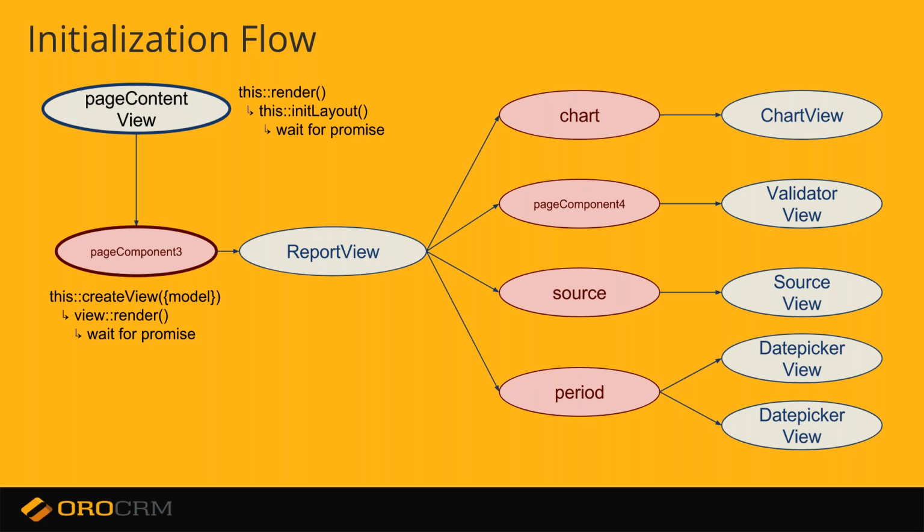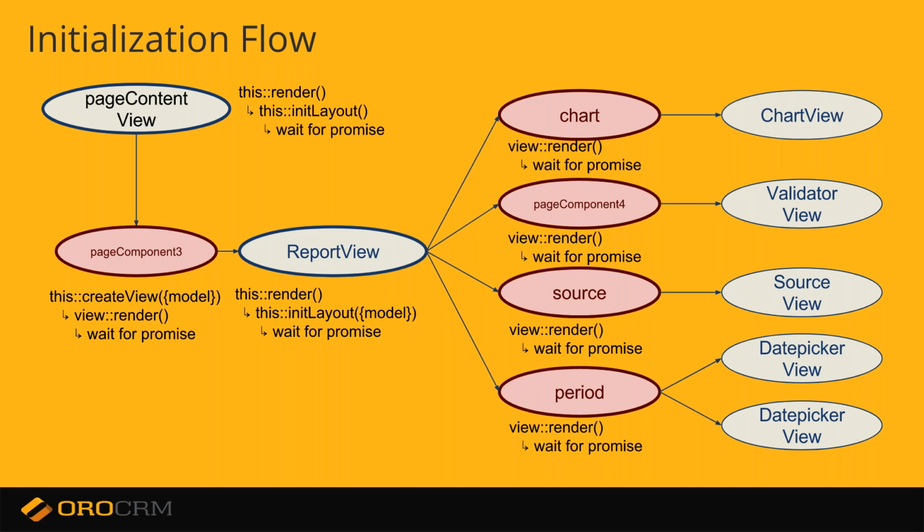The report component will create a model and a report view, pass the model into the report view, and then execute the render method of the report view and wait for a promise to resolve. The render method of the report view will invoke init layout for its own HTML, pass the model instance, and also wait for the promise once the layout is initialized.